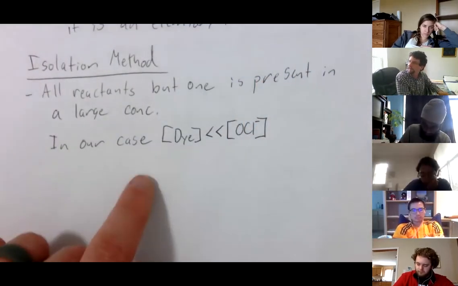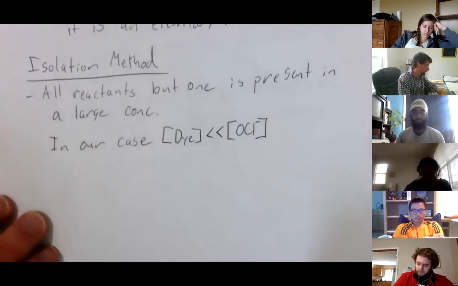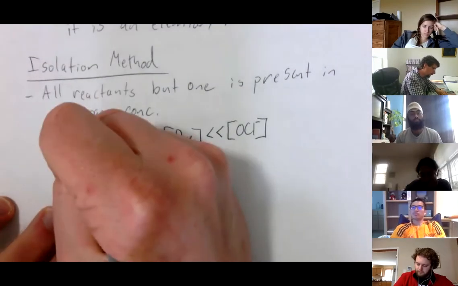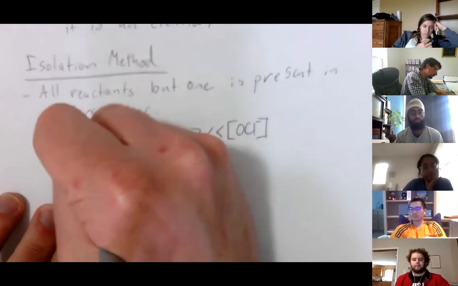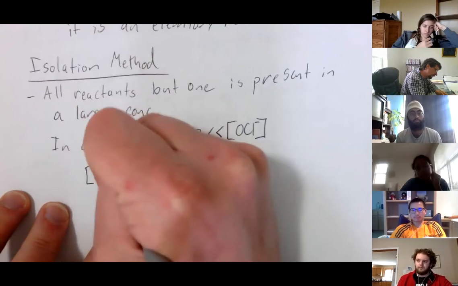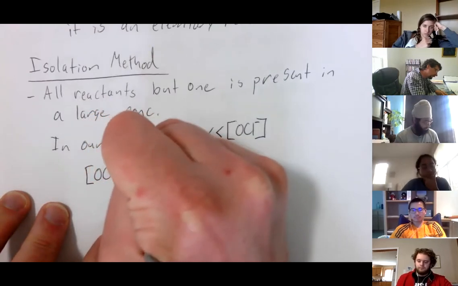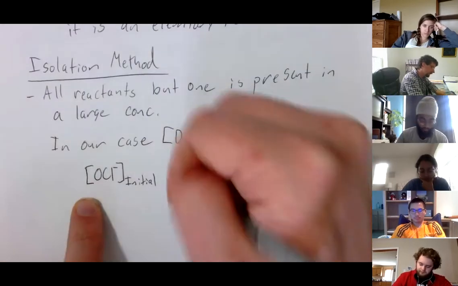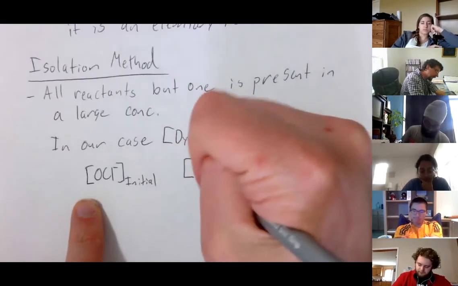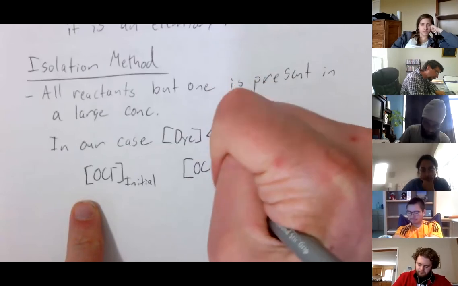How does that benefit us? Well, we can have a relationship between the hypochlorite initial, the initial amount that we put into our system, and then after the reaction is done, we have hypochlorite final.